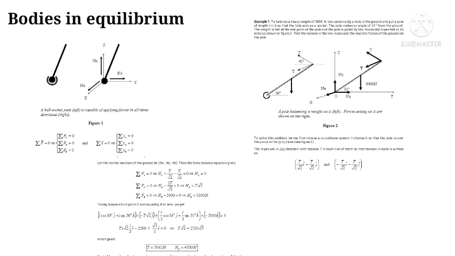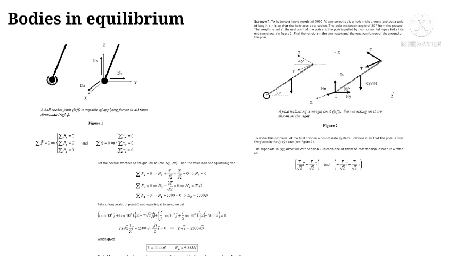Let the normal reaction at the ground be Nx, Ny and Nz. The force balance gives: the summation of Fx equals 0 equals Nx plus T by root 2 minus T by root 2 equals 0. That is why Nx equals 0. The summation of Fy equals 0 equals Ny minus 2T by root 2 equals 0. That is why Ny equals T root 2.